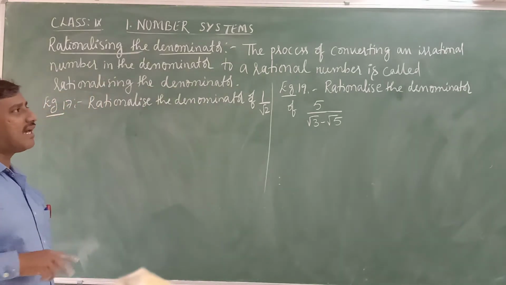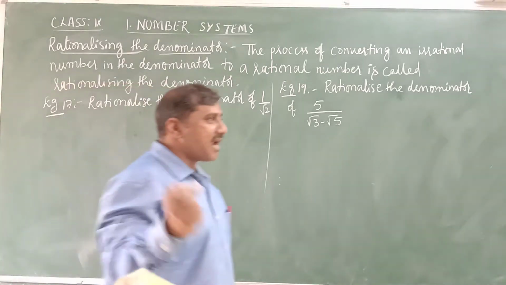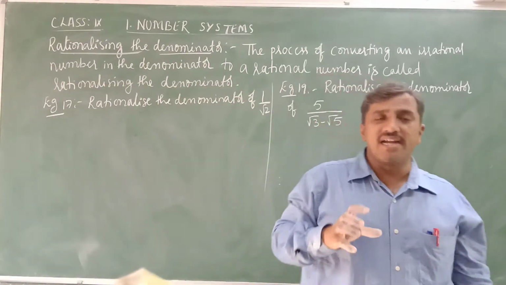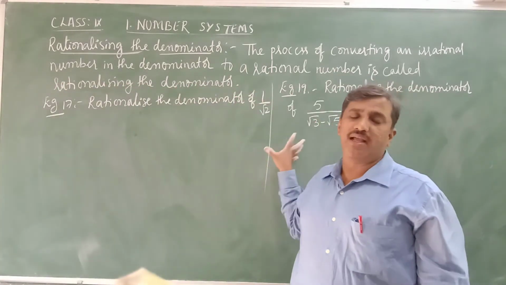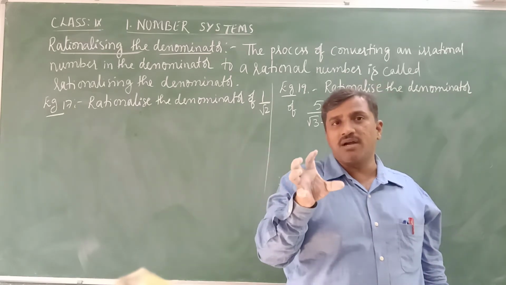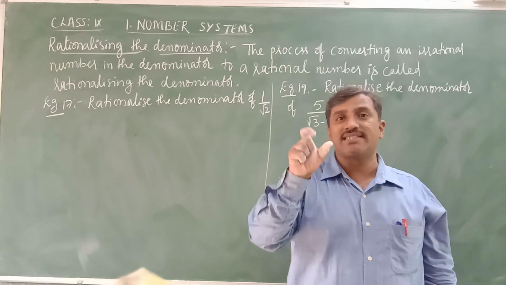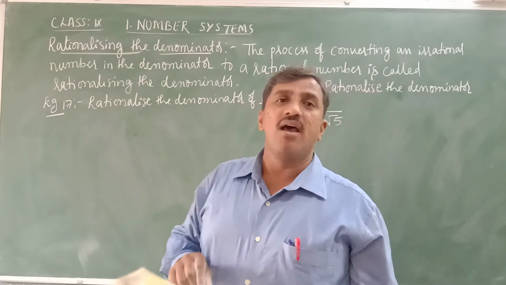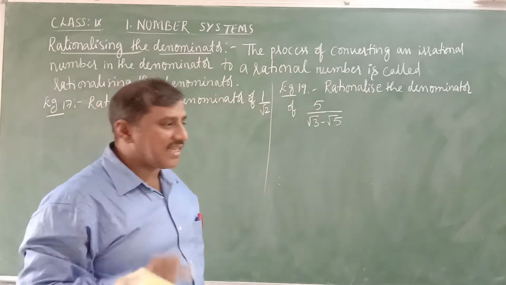So how is it done? We can use the identities and convert them by rationalization, or we use a term called rationalizing factor. What is a rationalizing factor?